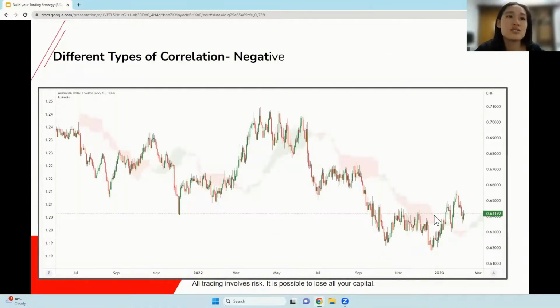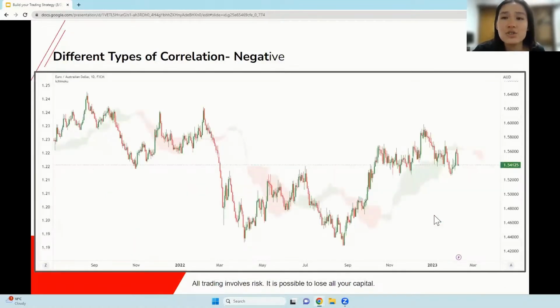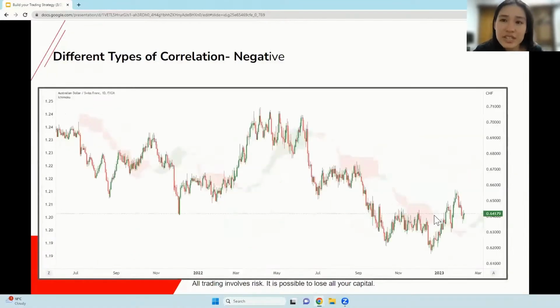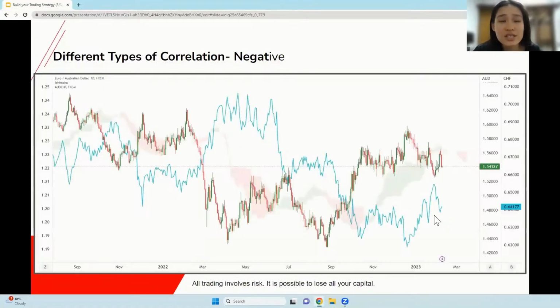This is the Aus franc, and this is the euro dollar. You can already see that these charts look nothing alike, and that's exactly correct. Whenever prices are dropping on our euro Aus, you can expect it to rise for our Aus franc, and vice versa.